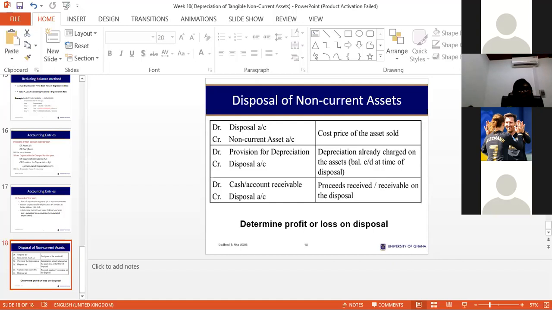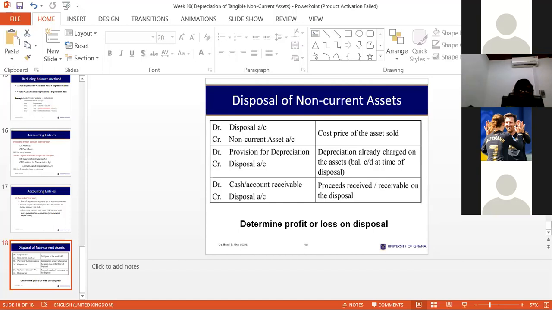So if the motor vehicle we wanted to dispose of was costing 500,000, then we'll have to credit the motor vehicle account to take off that particular asset. Because remember, there may be so many motor vehicles. So if the particular one that you want to sell or you have sold, you have to remove the total cost that you included when you bought it. So you credit the non-current asset account and debit your disposal account.